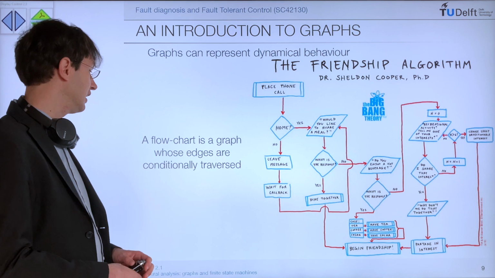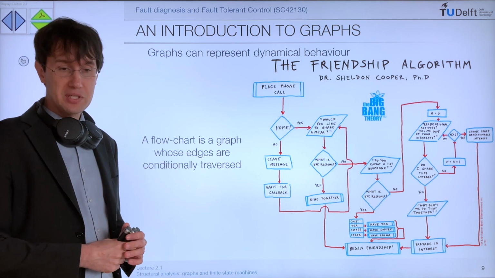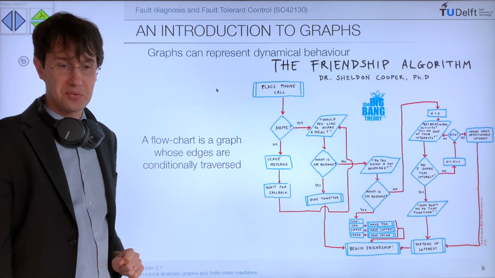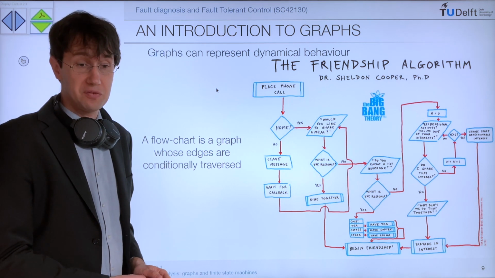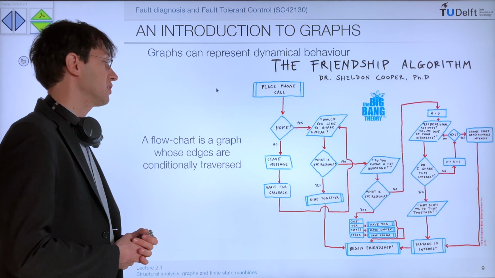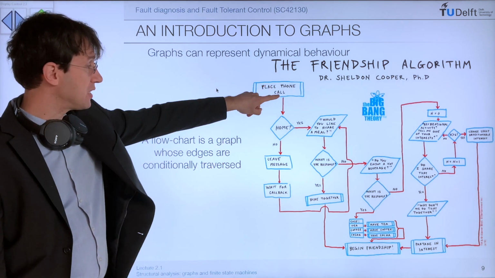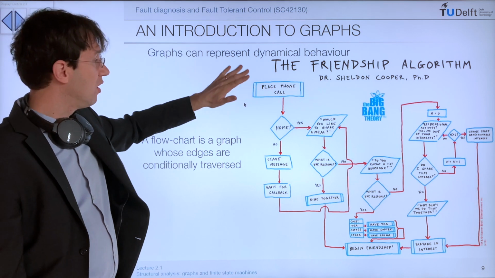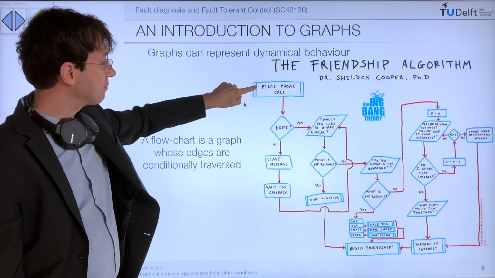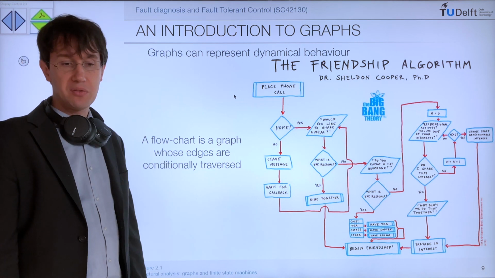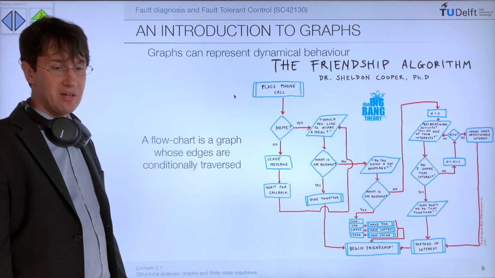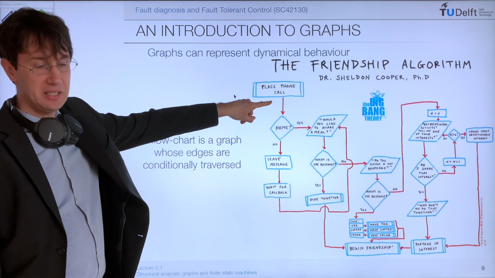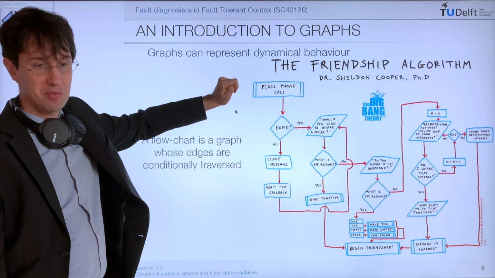A flowchart is a graph where nodes are states and operations that you are doing, or some computer software is doing if you describe computer software. And edges represent the fact that you move from one state to another, so from one activity to another, according to some conditions. There are edges that have no conditions attached, so you traverse them as soon as you complete the previous operation.